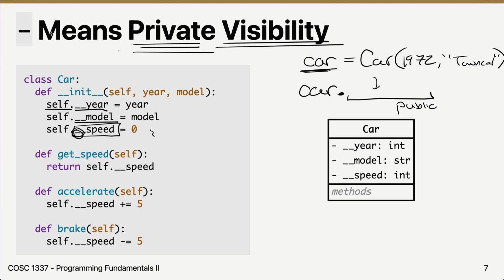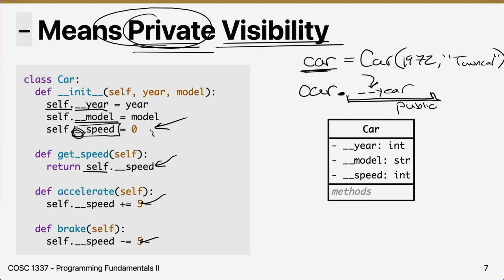I should not ever do something like car.__year, because it's private. It's only for inside the class, so that we can use it inside the class. We should never use it outside of the class after a dot somewhere in our code. The only dot we should ever use this stuff is after self dot inside the class.